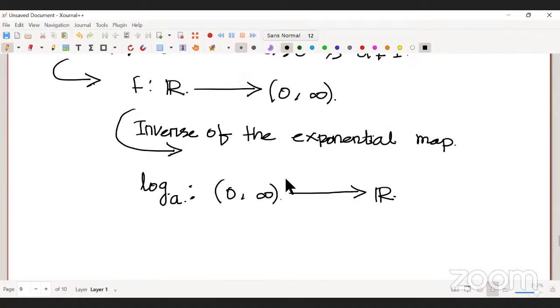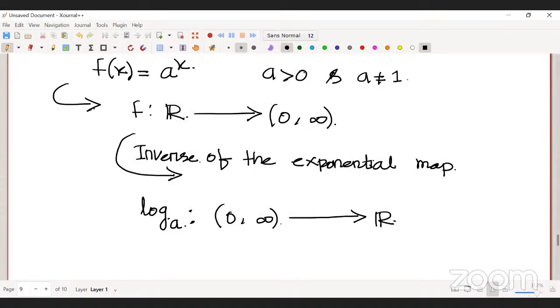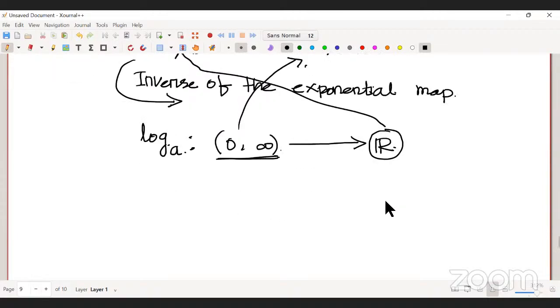Here the domain of f is R and the range of f is 0, infinity. Since log is the inverse of f, the domain of log becomes 0, infinity, and the range of log becomes the set of reals. So these two get interchanged.